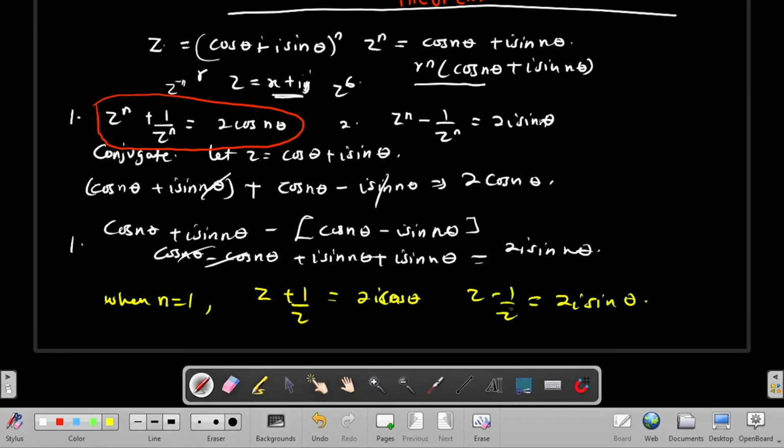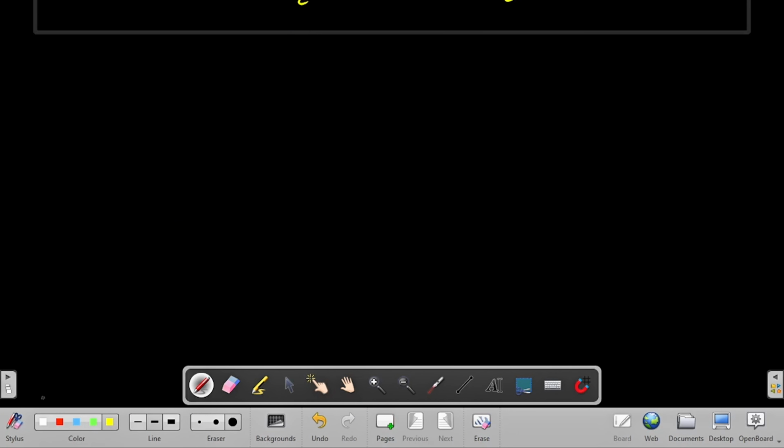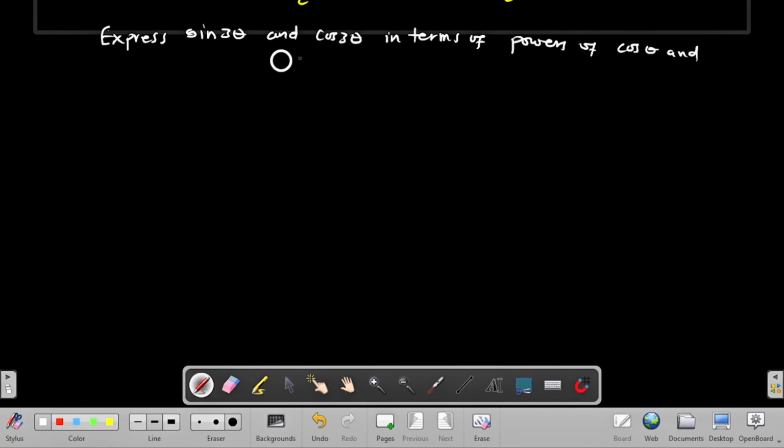Two special cases. Now let's use this to solve a question for you to understand the essence of what we are doing. So let's take our first problem. It says express sine 3 theta and cos 3 theta in terms of powers of cos theta and sine theta.